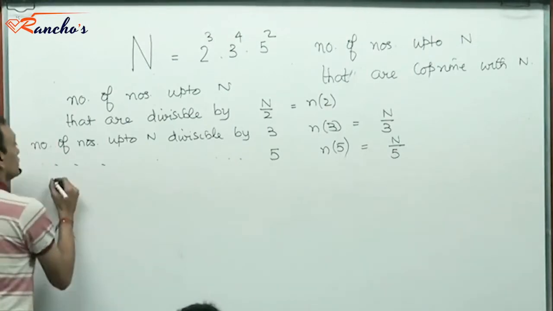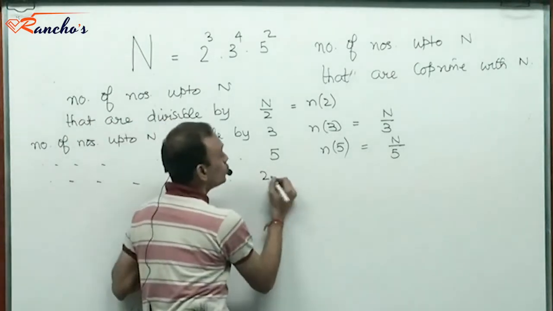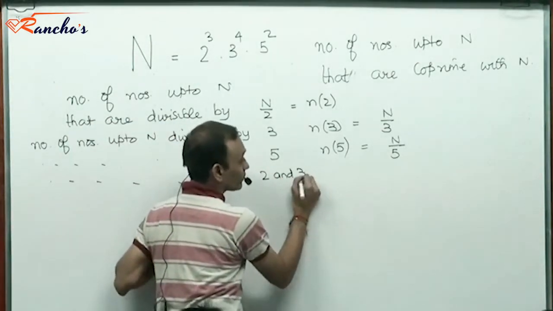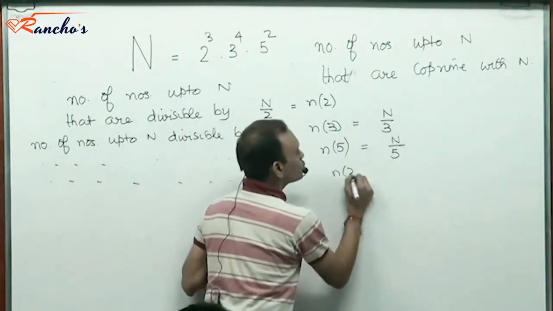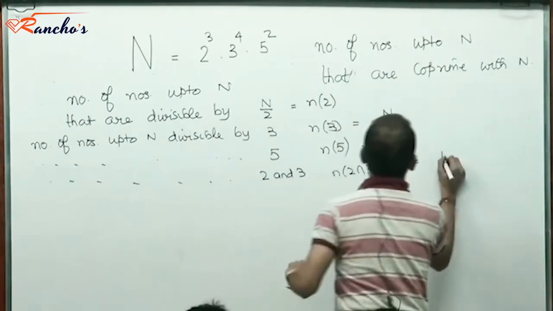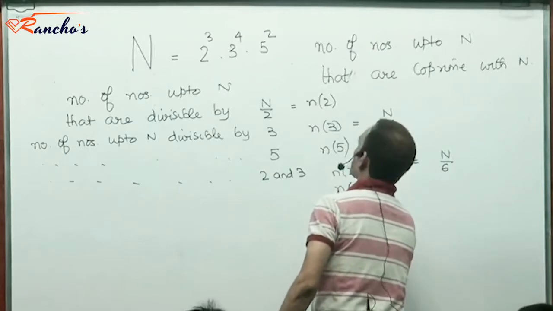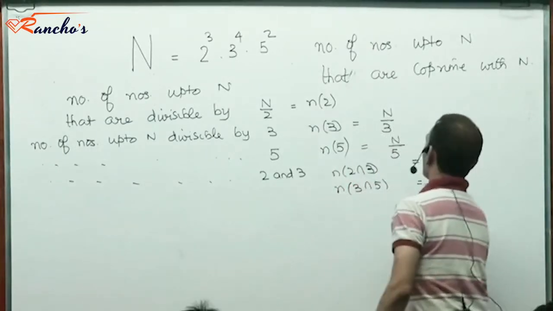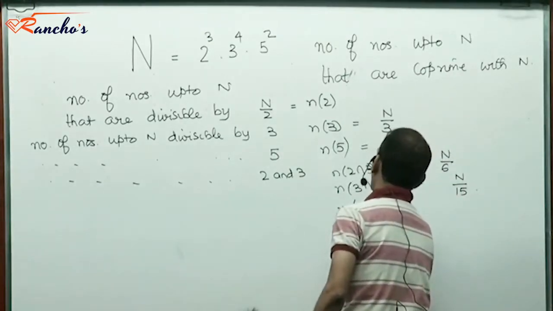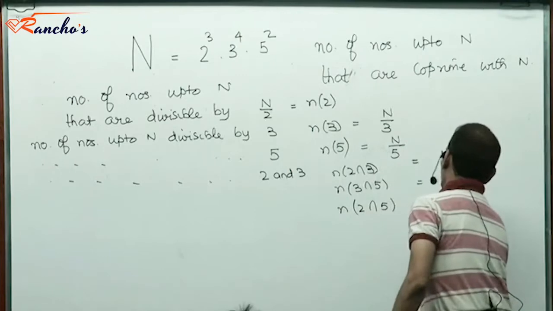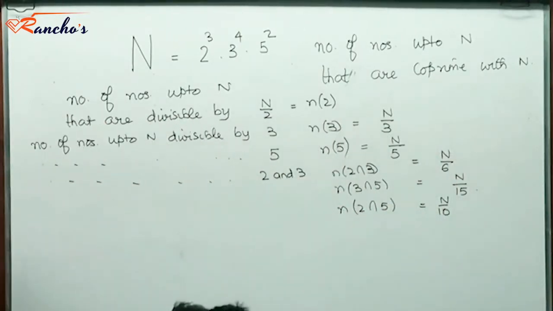Now, number of numbers up to n that are divisible by 2 and 3 will also not be co-prime with n. That's going to be n by 6. 3 and 5, n by 15. Number of numbers up to n that are divisible by 2 and 5, that means divisible by 10, is going to be n by 10. Yes or no?